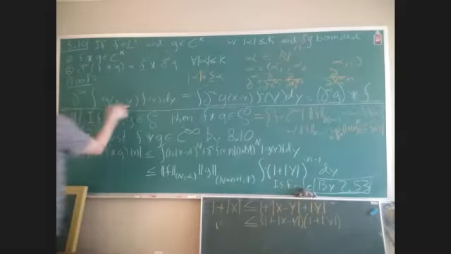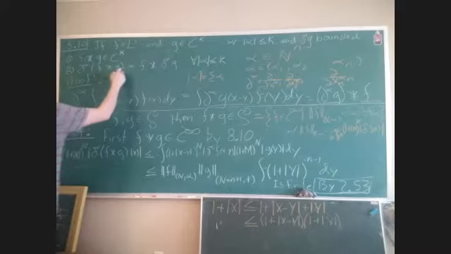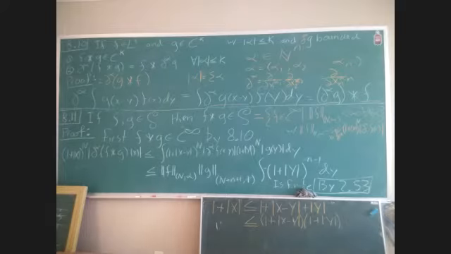So this guy is obviously equal to the partial alpha of g convolution f, right? So this tells us that the convolution preserves the greater smoothness of whichever of the two functions being convolved.